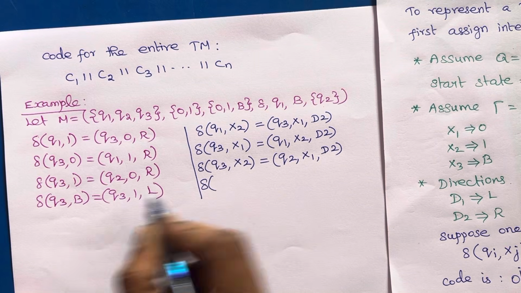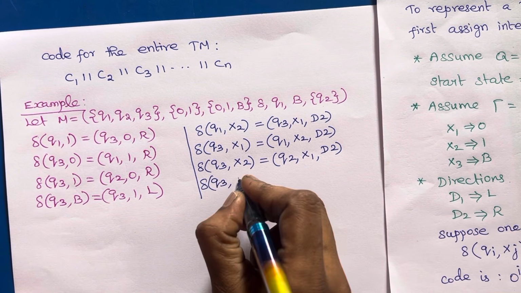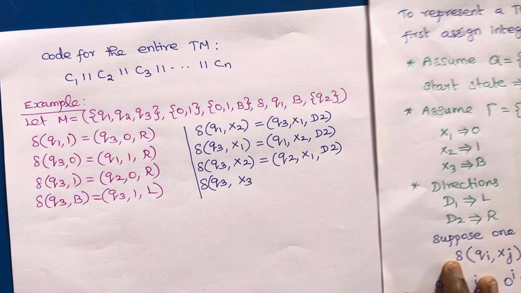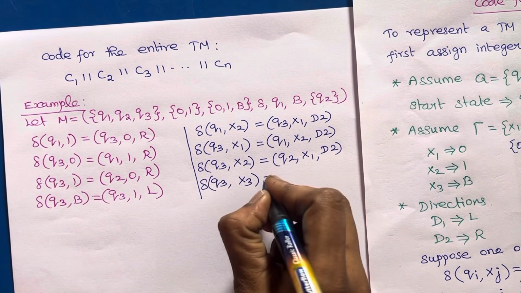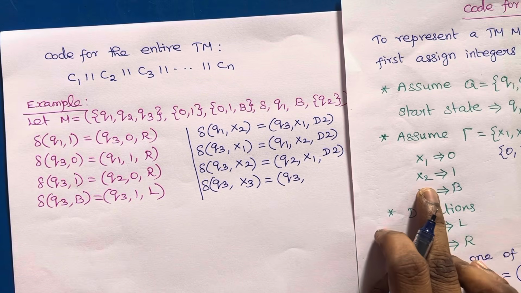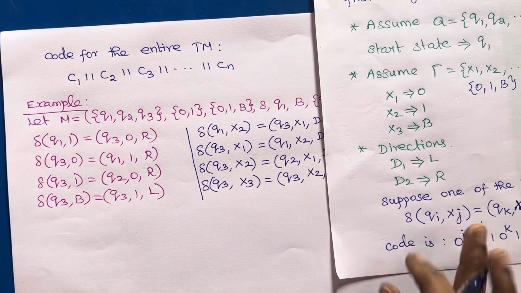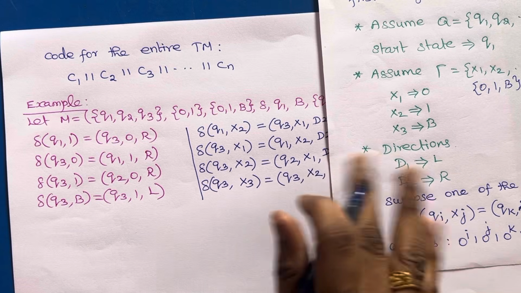Then del of Q3, blank means x3 equals Q3, 1 means x2, and L, left move means D1.